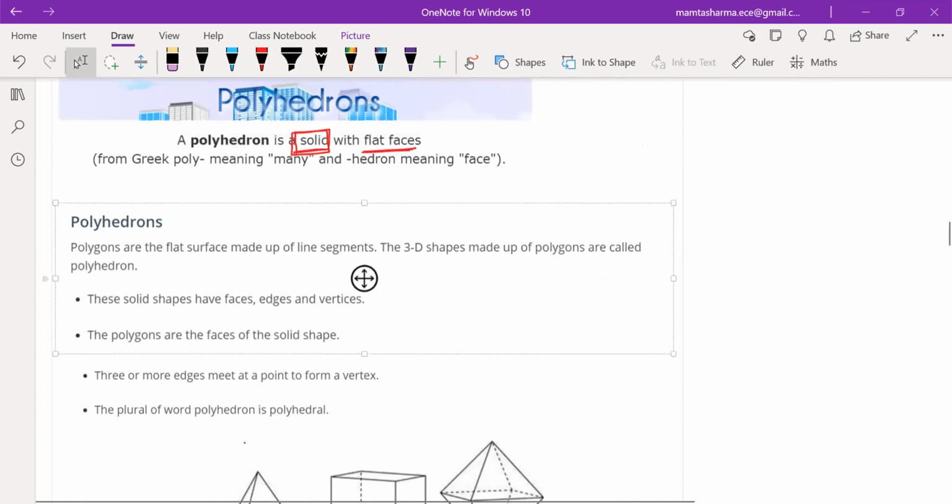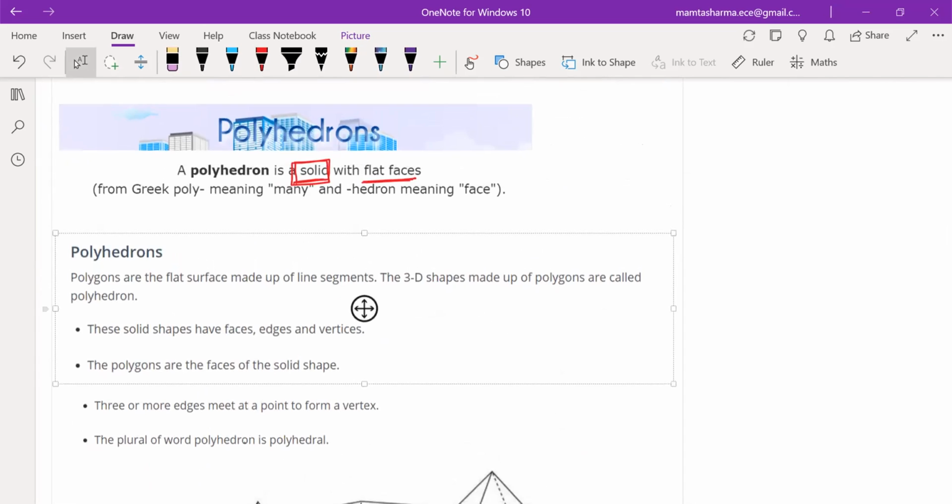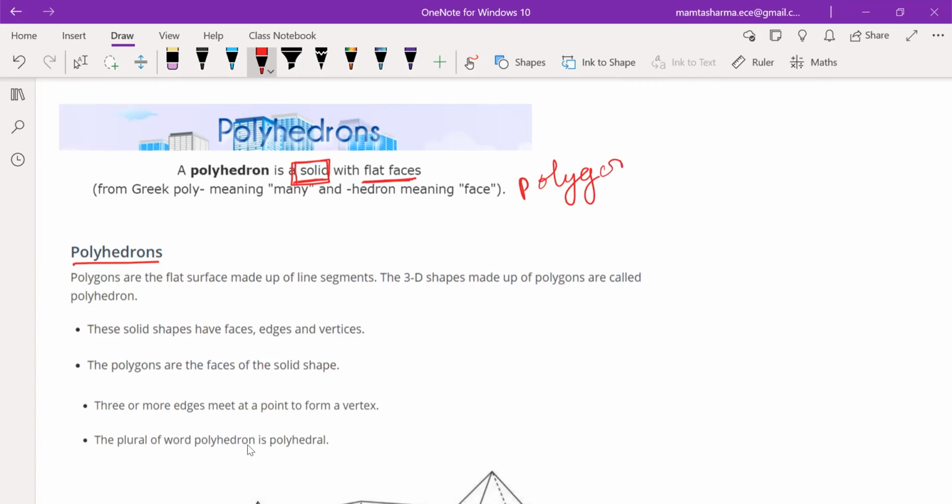Now see, what is the difference between polyhedron and polygon? You might have heard of polygon in your previous class. First of all, tell me what is the difference between these two?